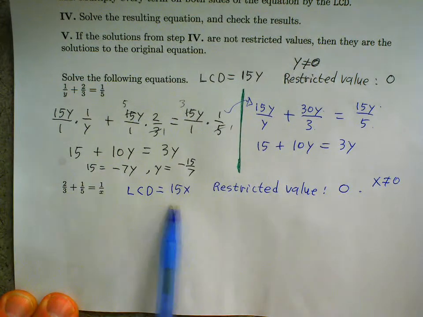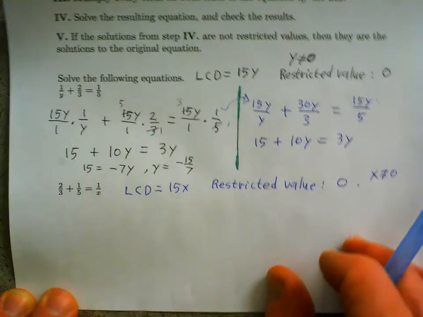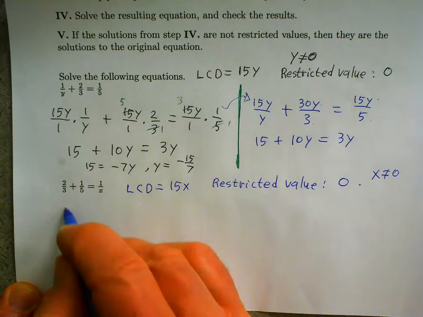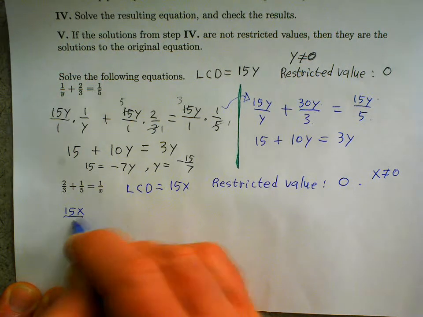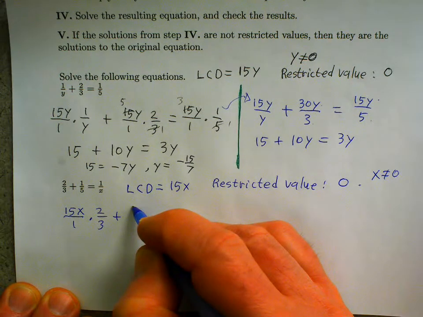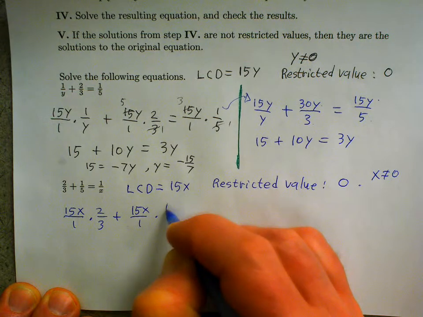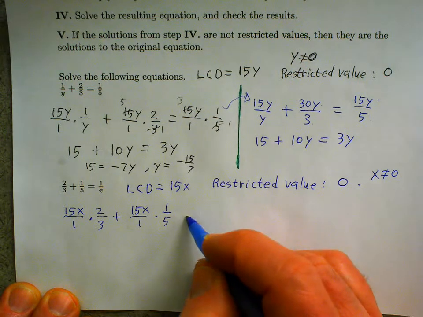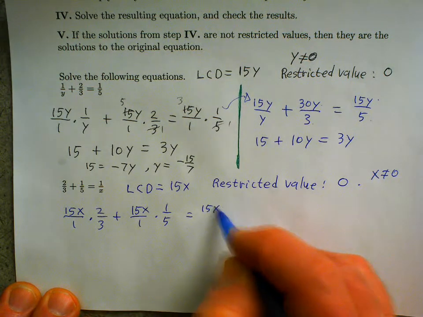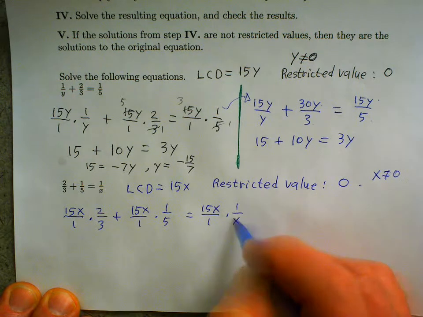Okay, then multiply every term on both sides of the equation by the least common denominator. So 15x over 1 times 2/3 plus 15x over 1 times 1/5 equals 15x over 1 times 1 over x.